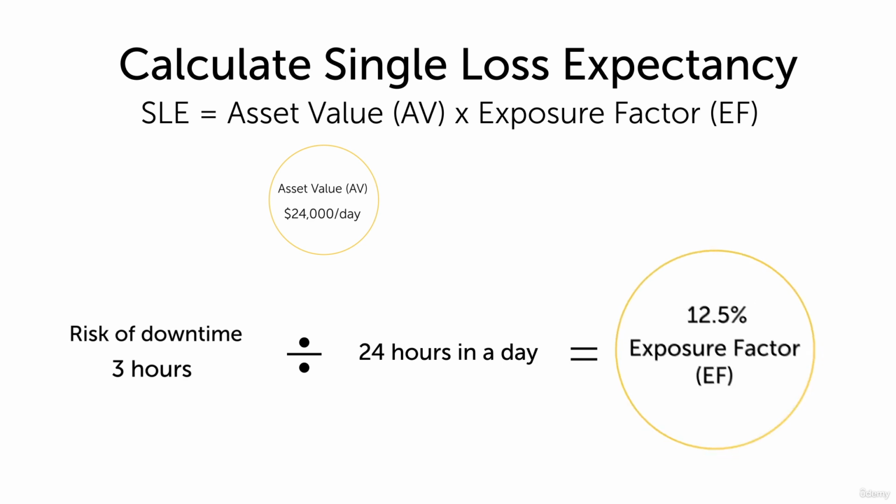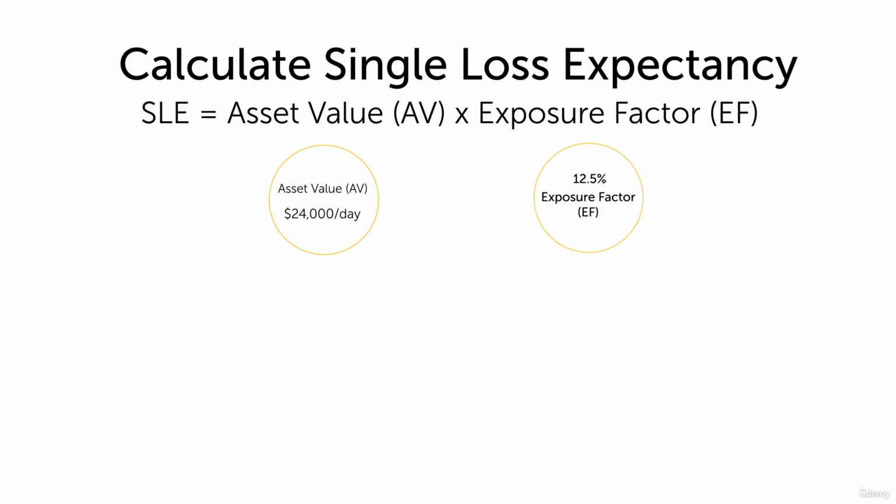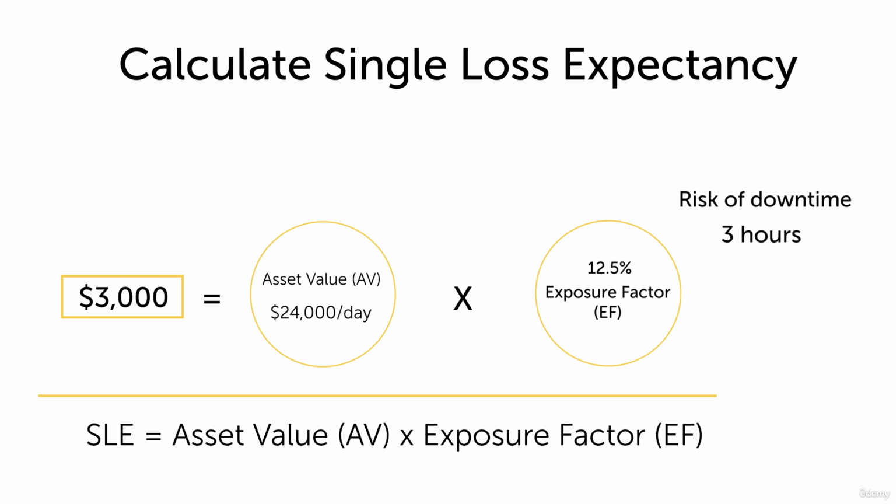So we know our asset value, we know our exposure factor. So we know that we calculate that single loss expectancy by multiplying the two together: 24,000 by 12.5%, and we said that that would be $3,000 that would result as a cost of 3 hours of downtime for that e-commerce site.